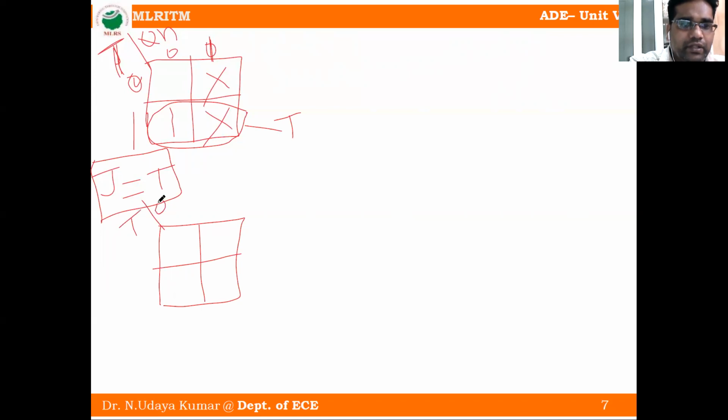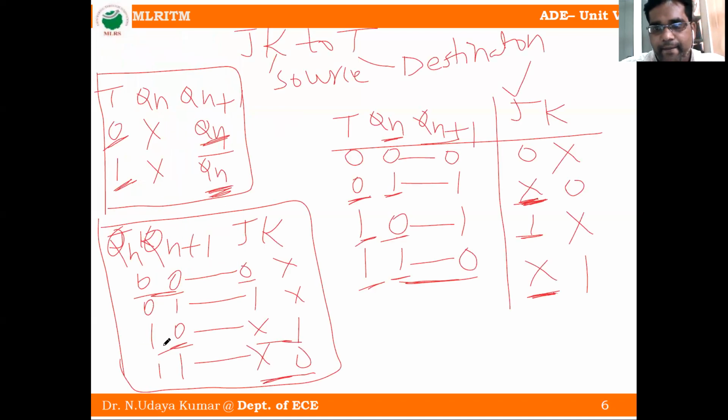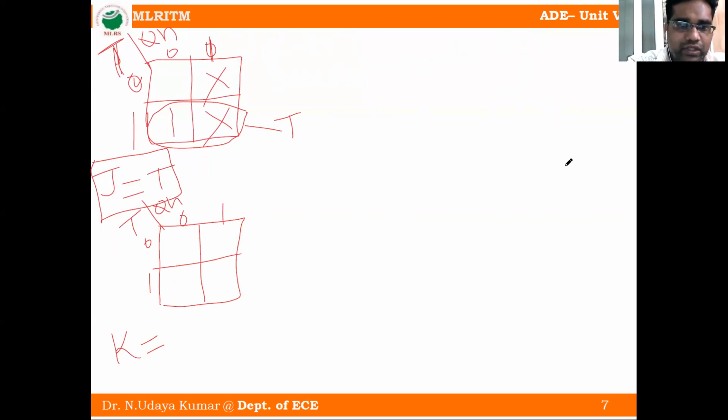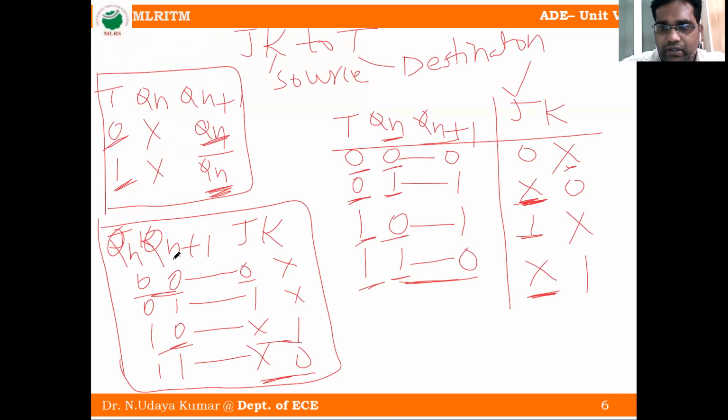So T and Qn: 0, 1, 0, 1. So K is equal to... First, don't care here means if T is equal to 0 and Qn is equal to 0, we will get don't care. Then here, the second don't care: how will we get it?